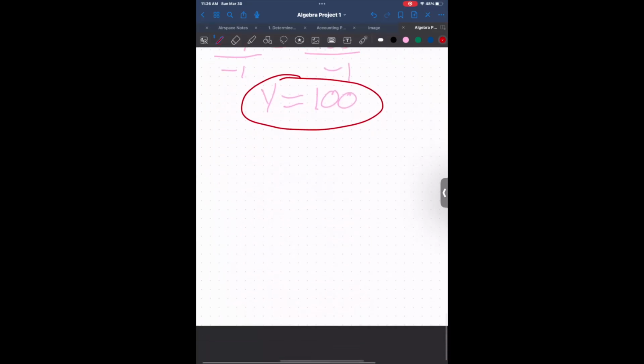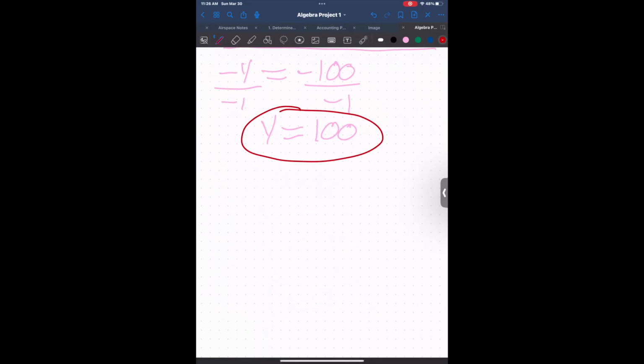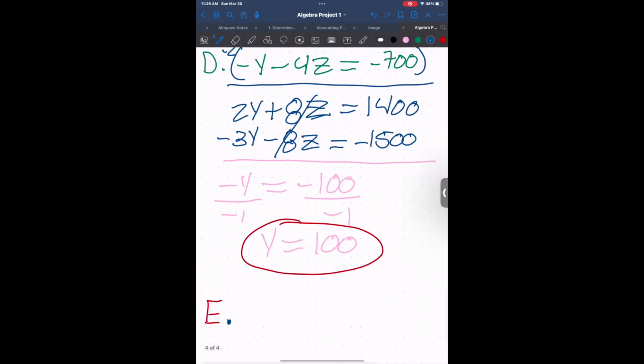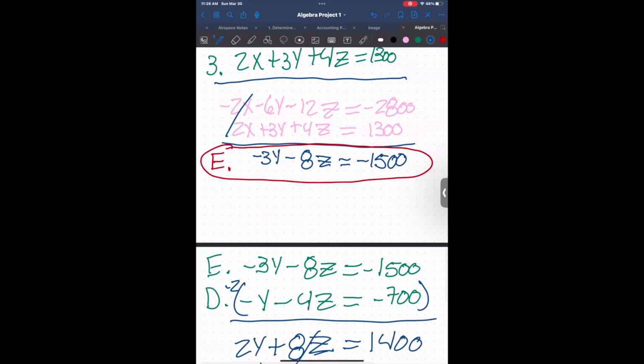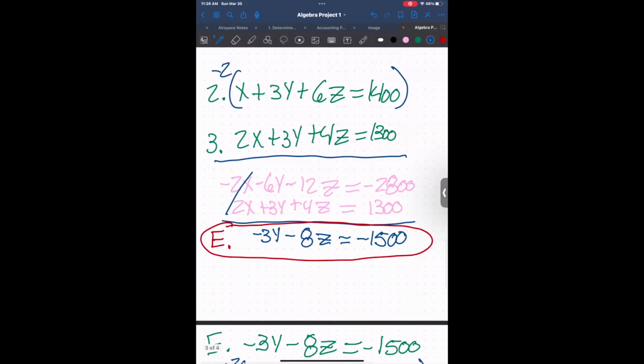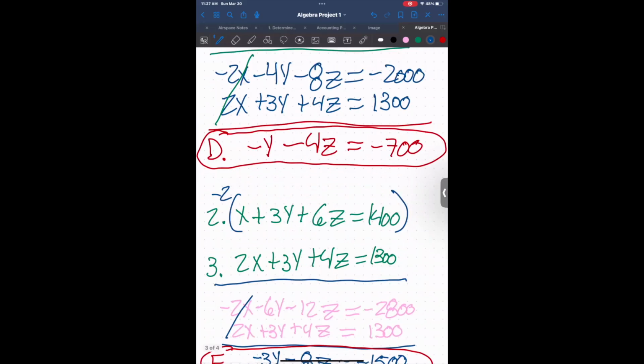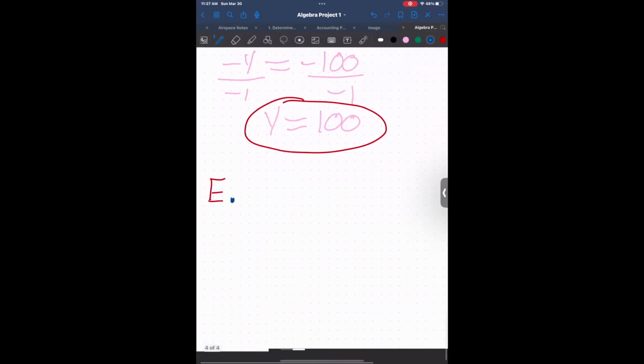That changes things. So now that we've got a variable, we are going to plug it in and solve for another variable. We're going to plug this into the easiest one we've got, which is going to be solution E. We know E as above is, no, I apologize, it's D, my bad. There you go, negative y minus 4z equals negative 700. So we're going to replace y.